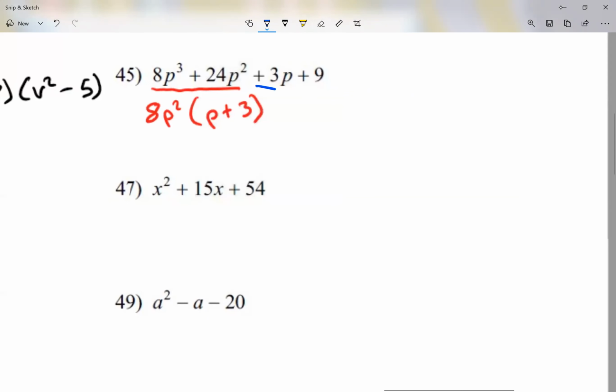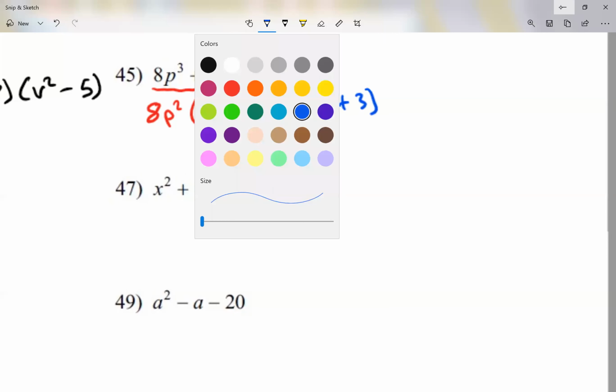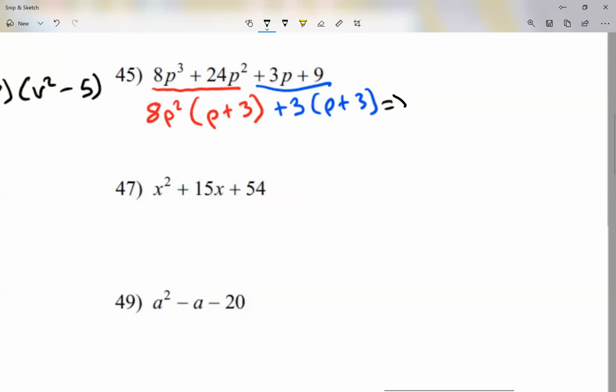Looking at the last 2 terms, plus 3 plus 9. I can divide each by a +3. So matter of fact, I'll even do it with the included sign. Let me divide each by 3. So that gives me 1p plus 3. When I factor this, one of my parentheses is p plus 3, which is the parentheses that matches.